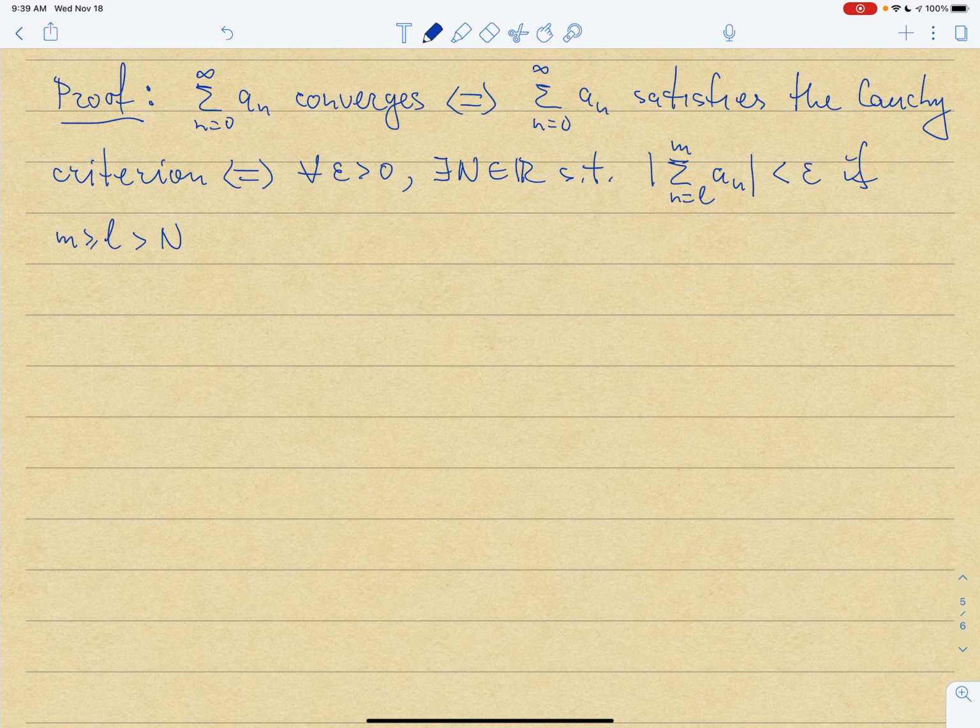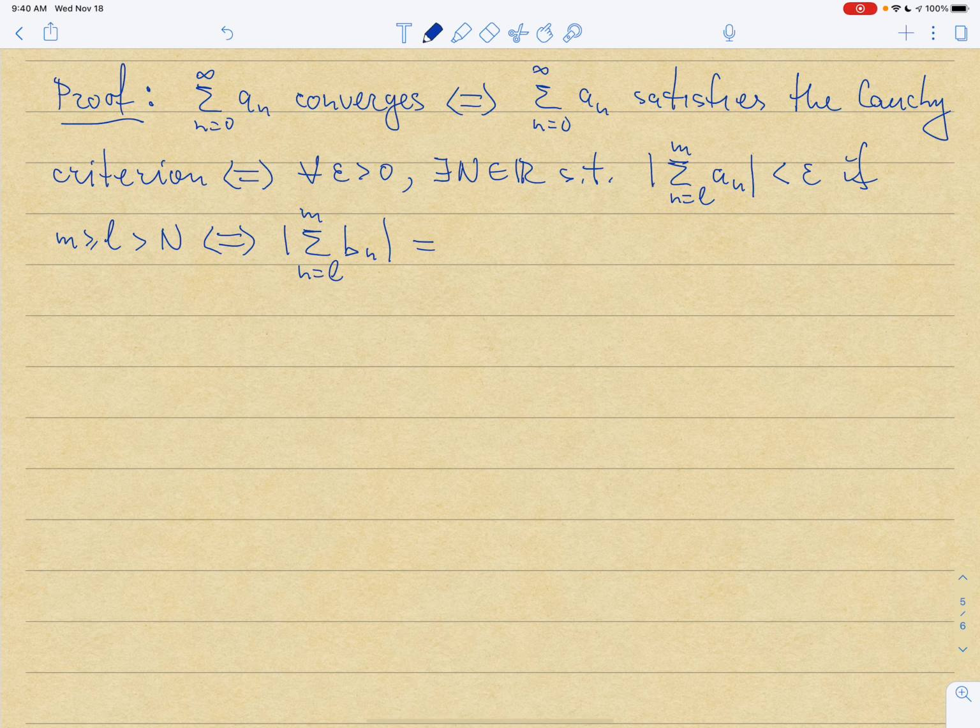Okay, so if that is the case, then let's fix M and L. And I want to look at what happens to the absolute value of the sum when n goes from L to M of bn. Because if I can show that this is less than epsilon, then the series of bn's also satisfies the Cauchy criterion, and then it converges. Well, what is this?